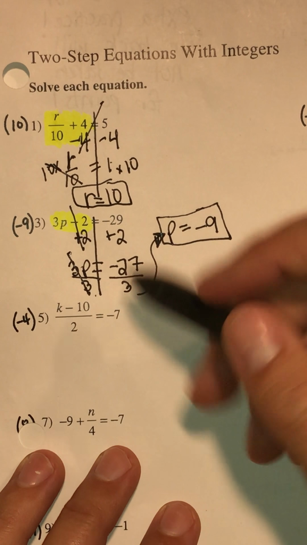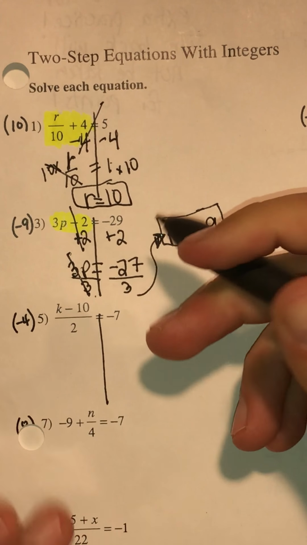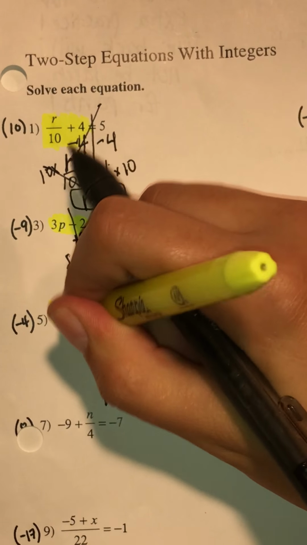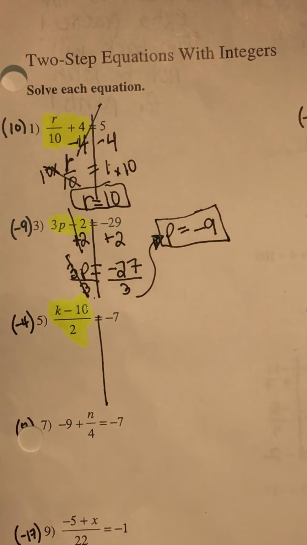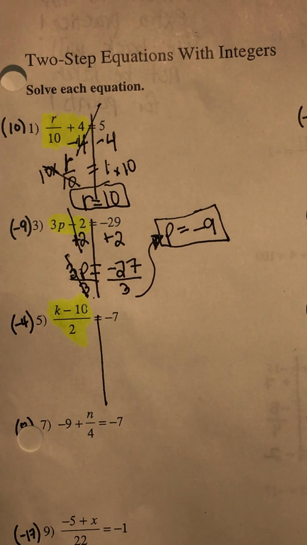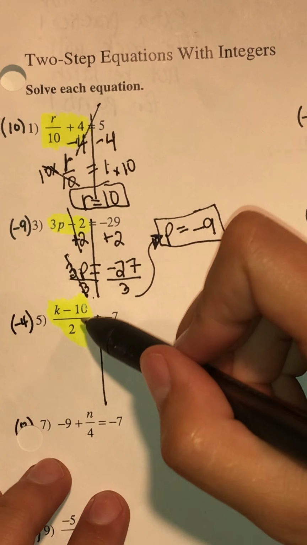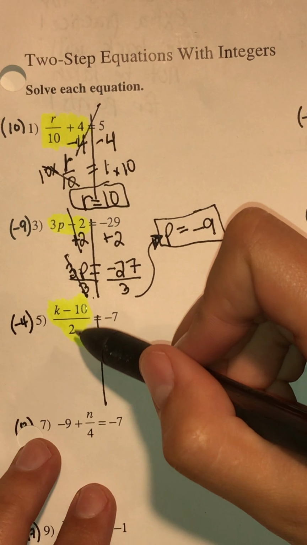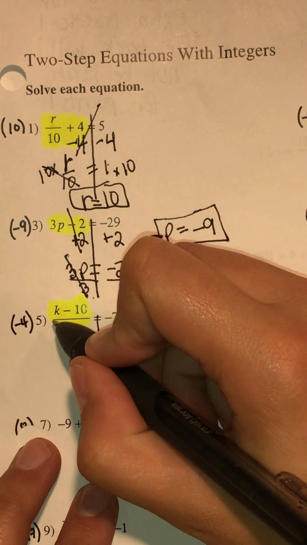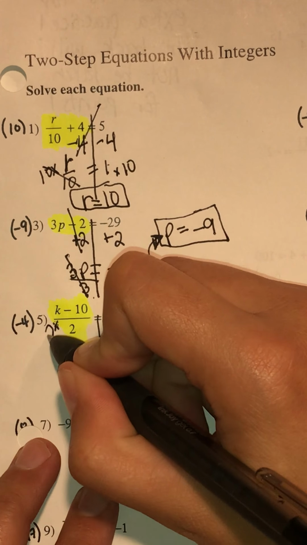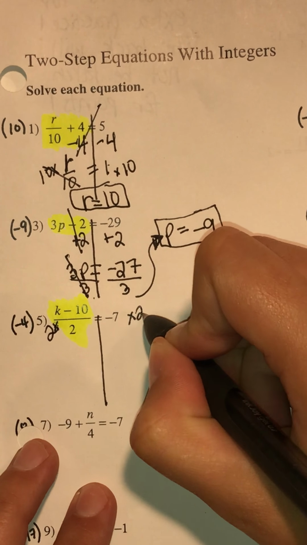In number 5, if I draw my line down the equal sign and I highlight the side that the variable is on, the number without the letter is the 2. Now that top is being divided by 2, so the opposite is multiplying both sides by 2.